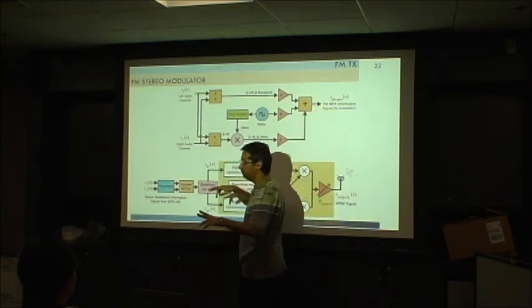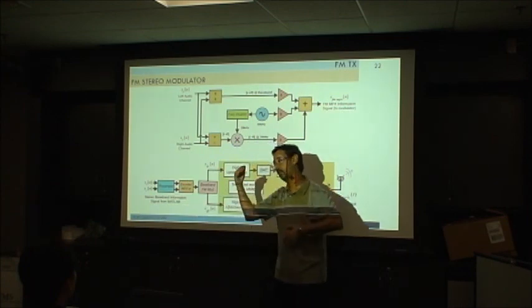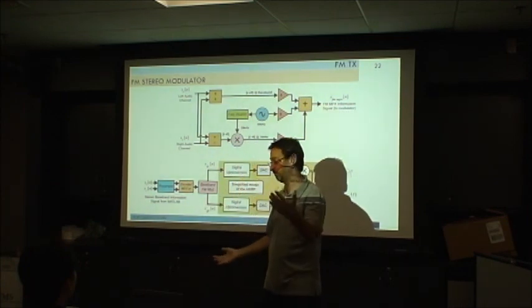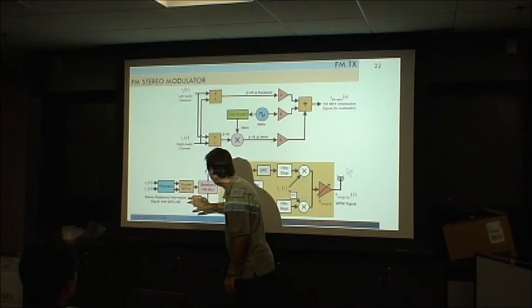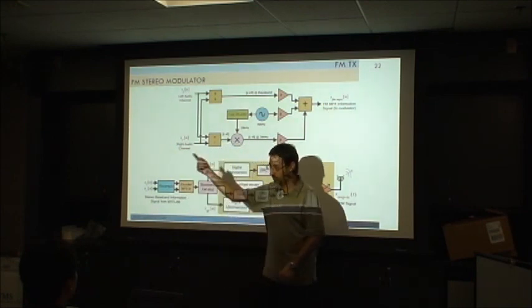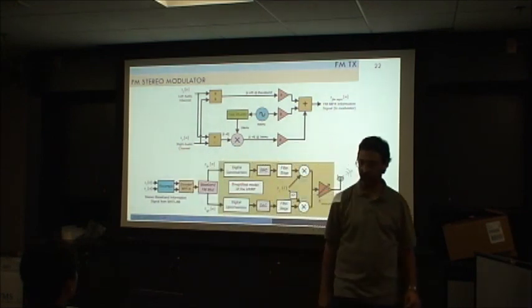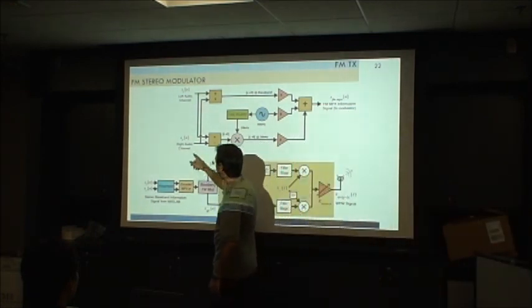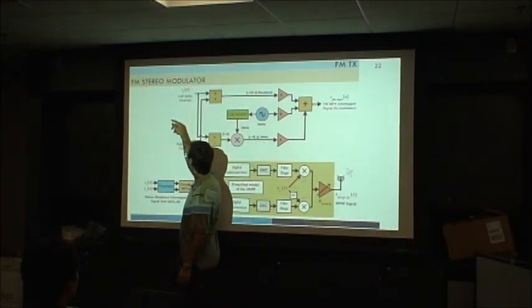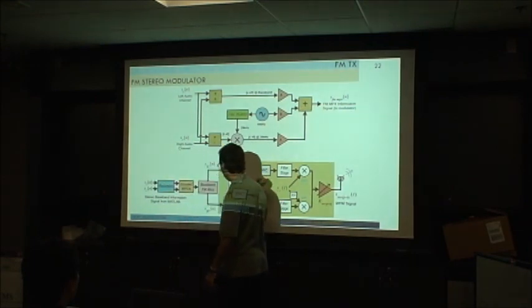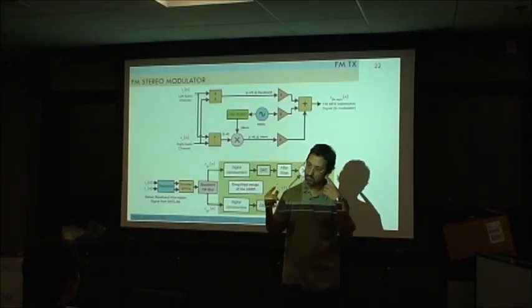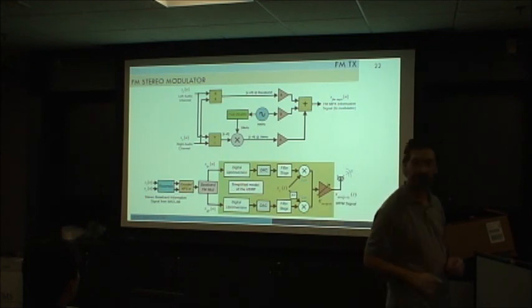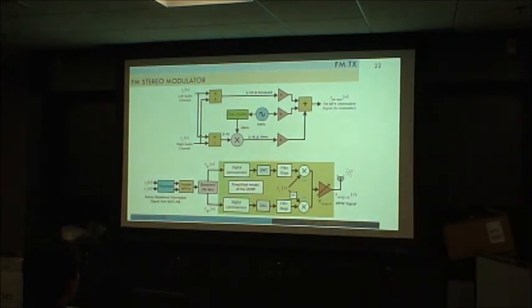This will be how you combine the left side and right side here on the encoder, and then send it to the modulator that we saw on the previous slide. So here you will send some audio and here another audio. You will combine here and transmit. On the receiver side, you should listen to different audios on different speakers. That's the idea.